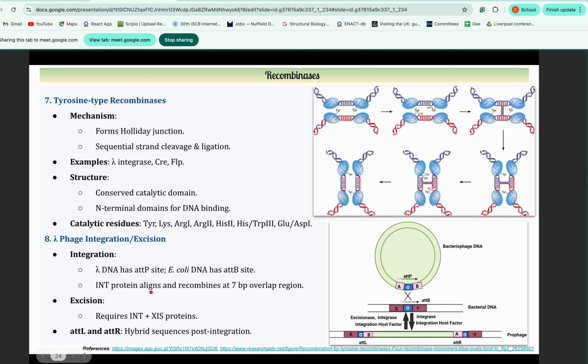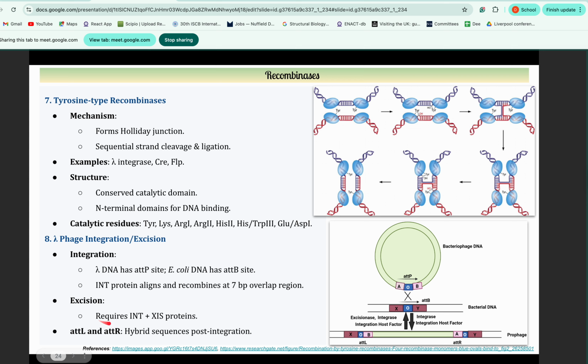Now Int protein will come, which will align them and recombine at a 7 base pair overlap region. It will align both of these regions, and these enzymes, integrase and integration host factor, will help in the excision as well as integration.